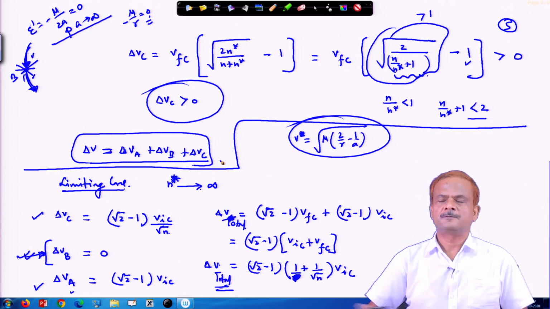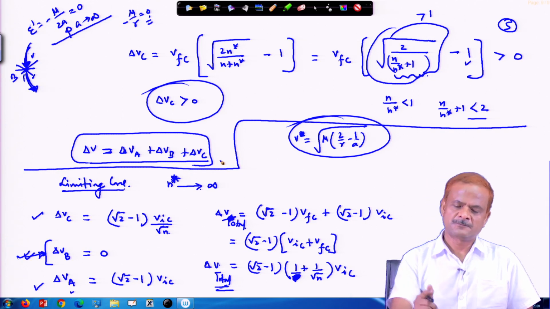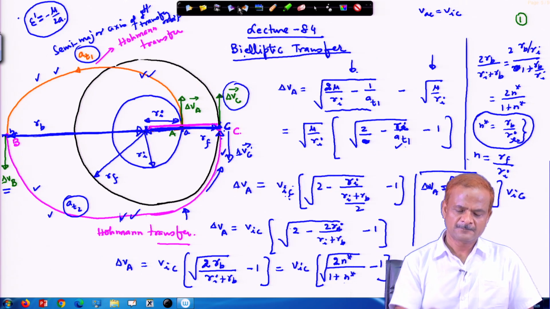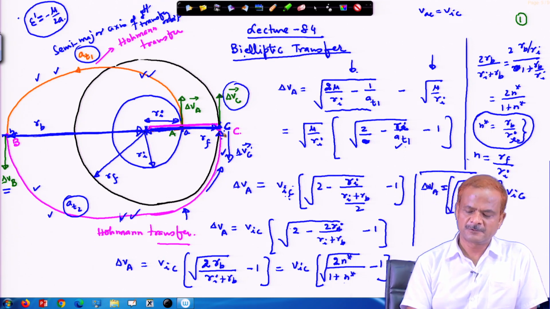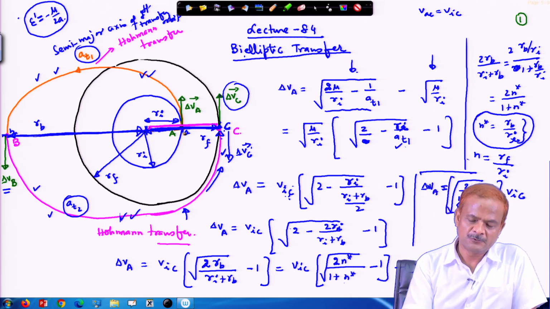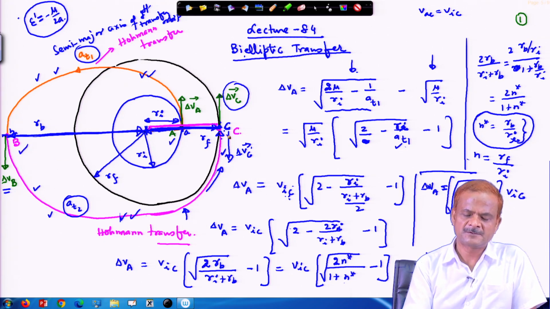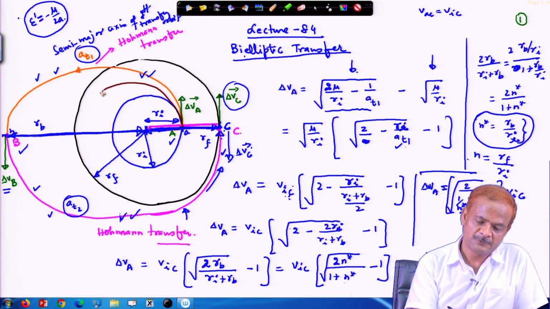Now, it comes to whether the bielliptic transfer is beneficial or the Hohmann transfer is beneficial, which one should be used. It is very simple to see that in the bielliptic transfer, because it is going in a larger orbit, the time to travel from A to B and then again from B to C will be much larger than if we directly go from the inner orbit from here to this point.